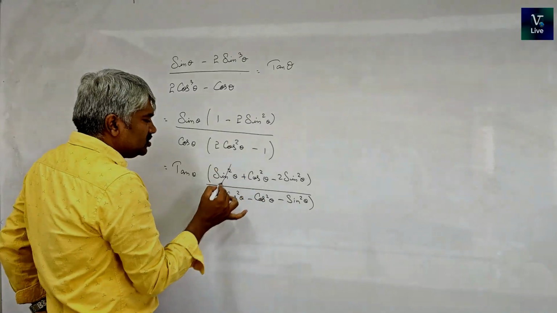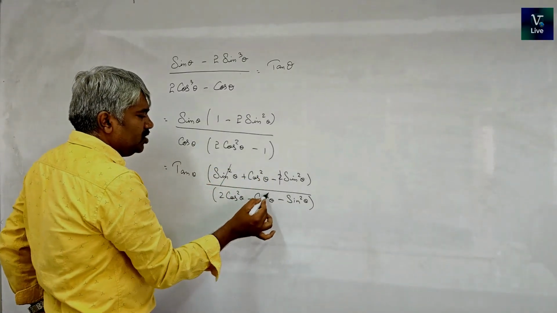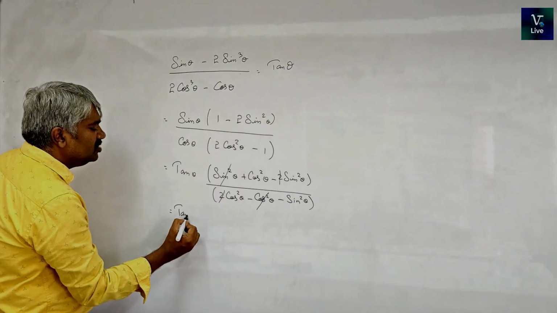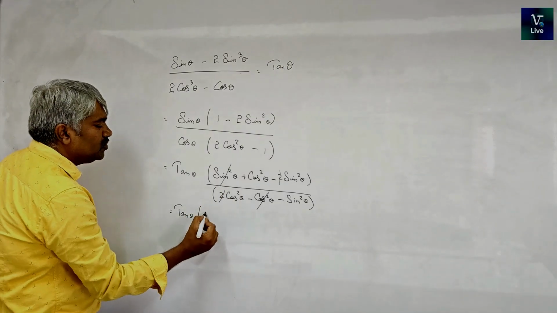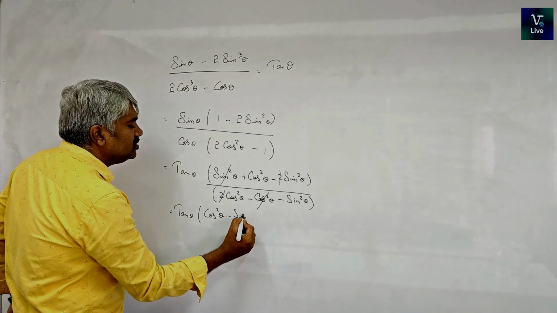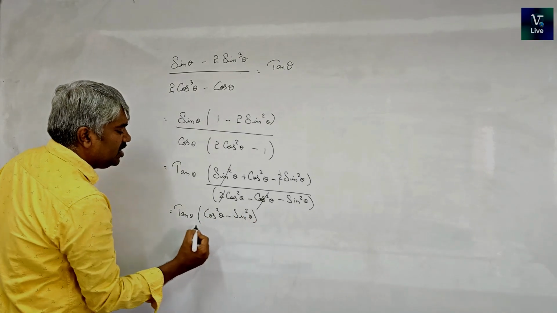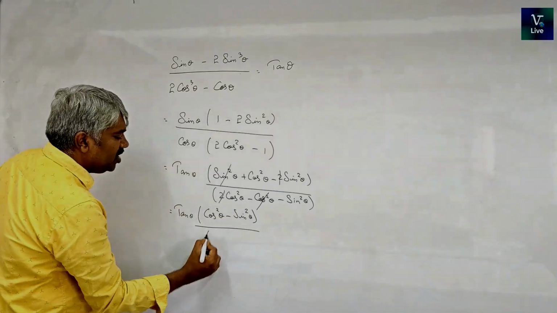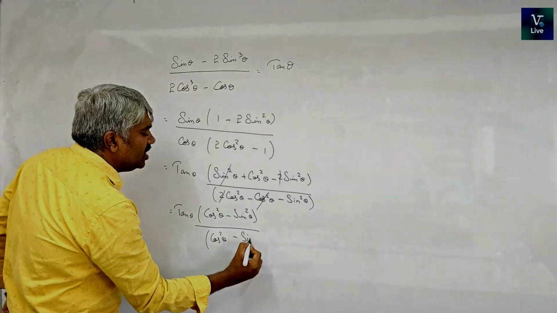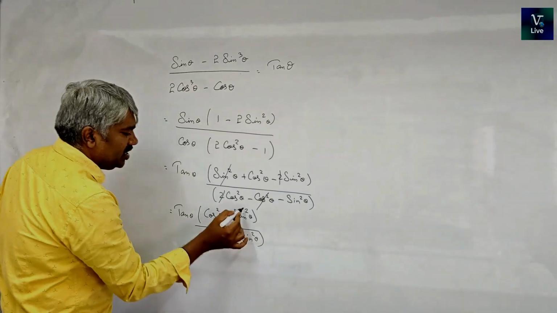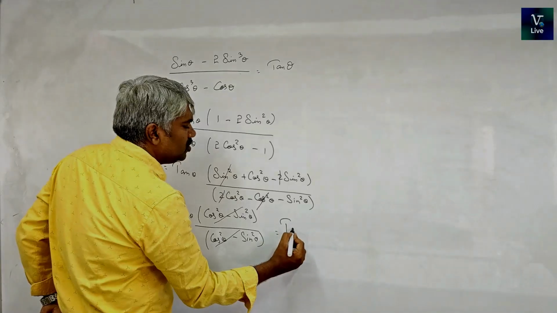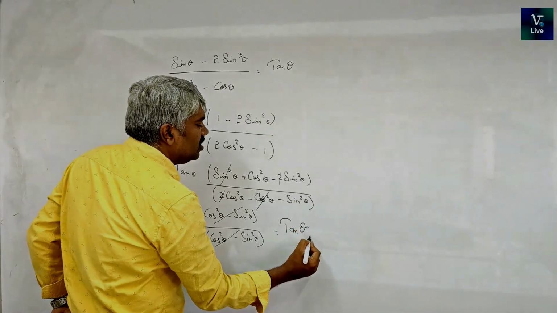So sin square, 1 sin square, and cos square, 1 cos square, get cancelled. So tan theta into cos square theta minus sin square theta divided by cos square theta minus sin square theta. These two terms get cancelled, which is equal to tan theta.